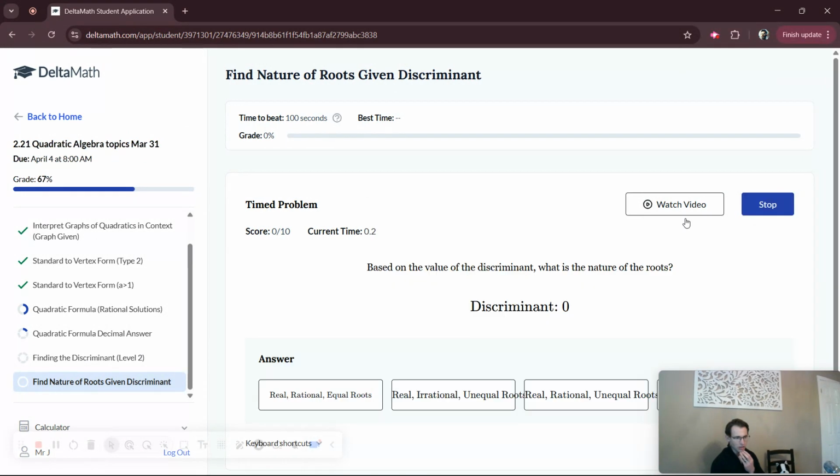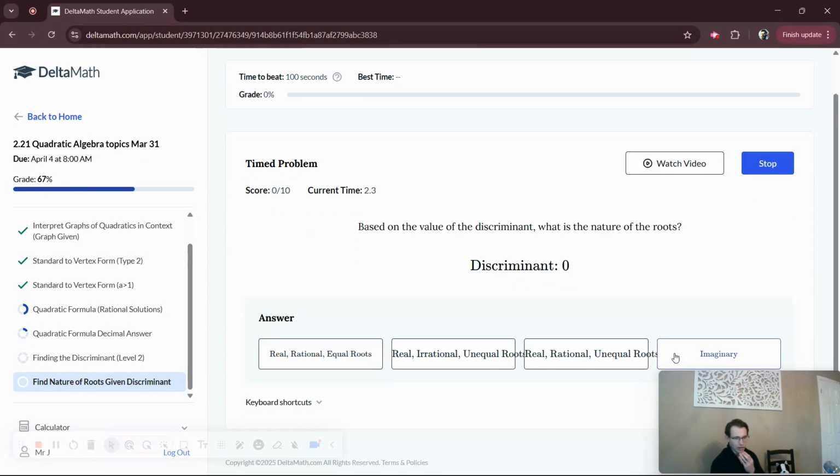Okay, start. If the discriminant is 0, they are real, rational, equal roots. If the discriminant is minus 31, they are imaginary. If it's 32, they are real, irrational, unequal roots, because 32 is not a perfect square. When the discriminant is 0, they are real and equal. There's one root. It's the vertex.